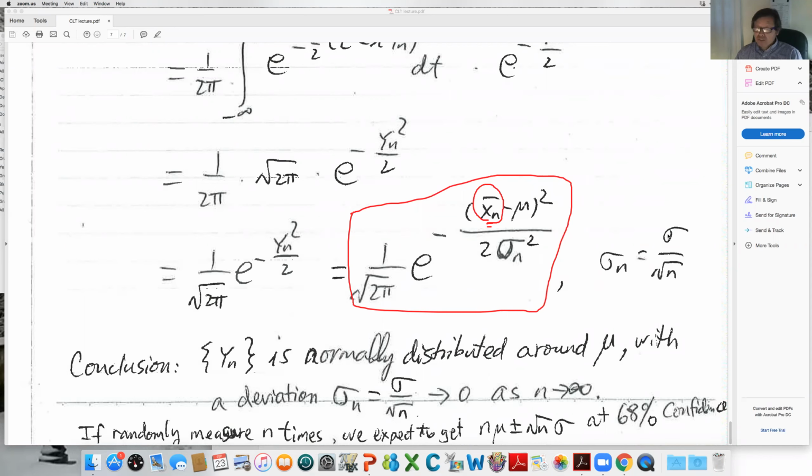So if your population, say the mean weight of Rhode Island, is 175 pounds with a variance of 10 pounds, then you can get a pretty good guess of this mu value to within the square root of that variance.